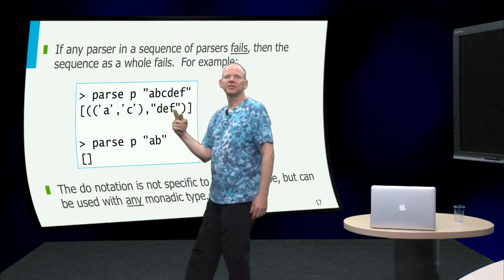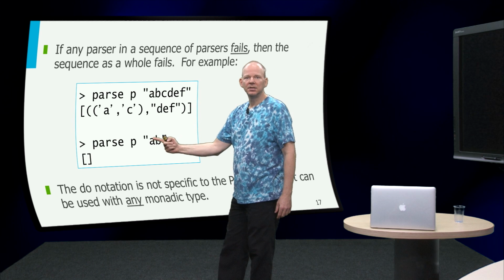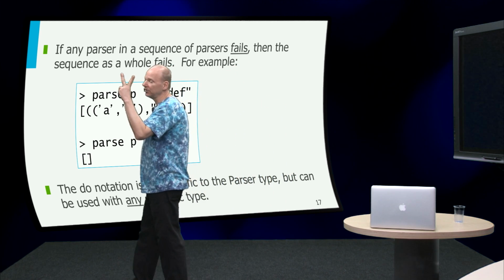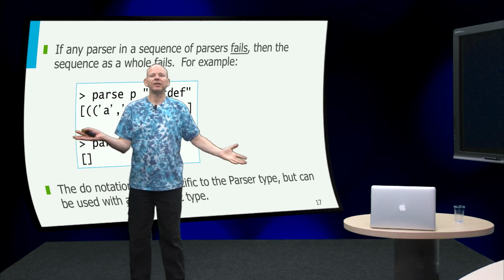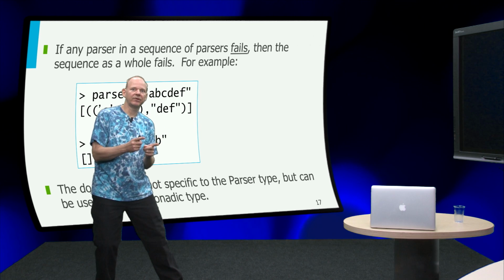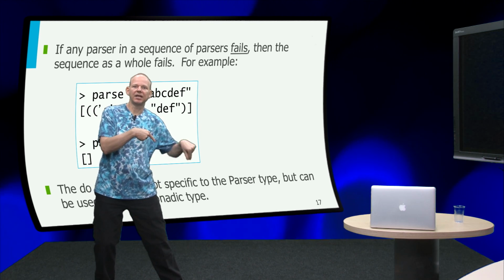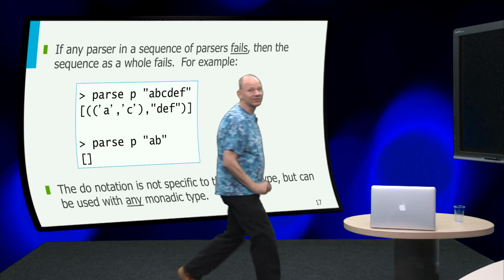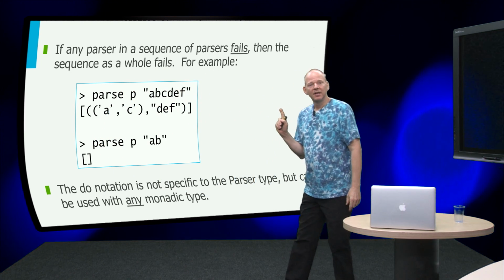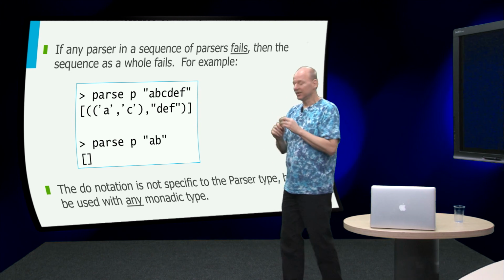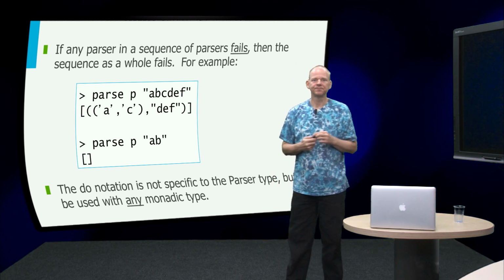But if we try to apply that to a string that only has two characters, then it won't work. It will fail. You see it here, failing. There, I'm failing, like the parser. So when any parser that you sequentially compose fails, you want the whole thing to fail.